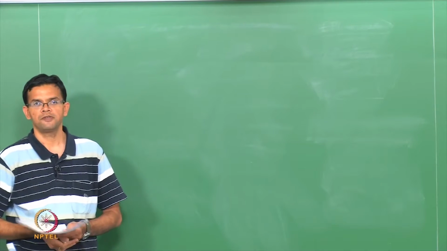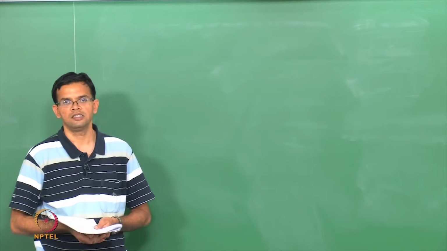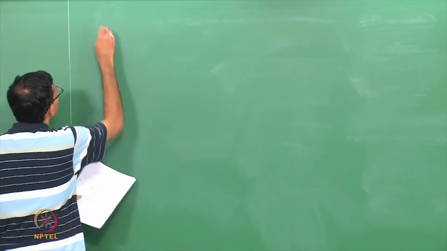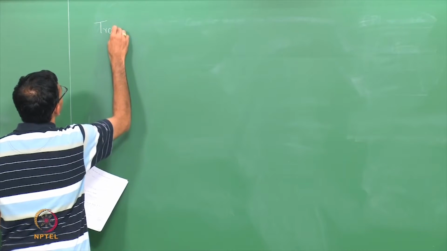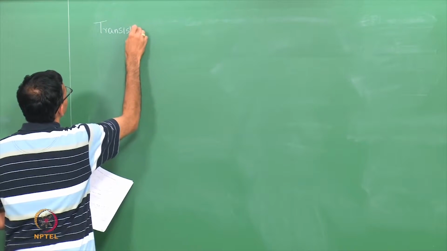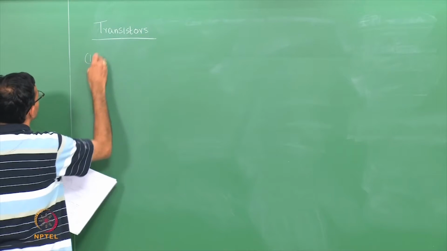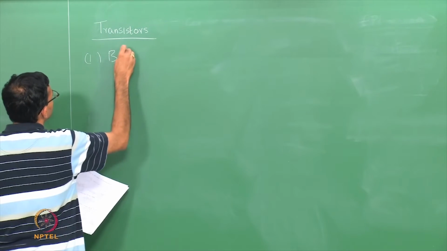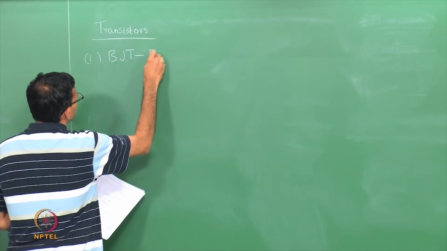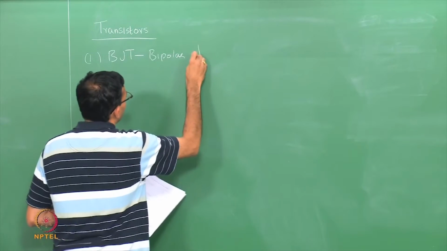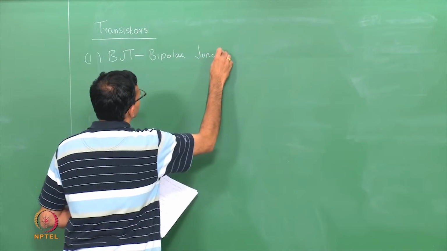When we think of transistors, the first transistor we looked at was your bipolar junction transistor, the BJT.